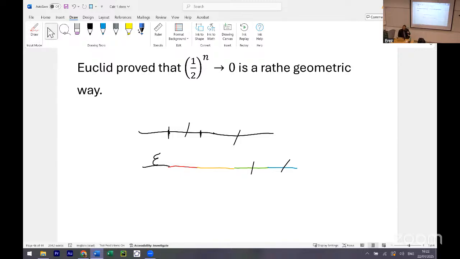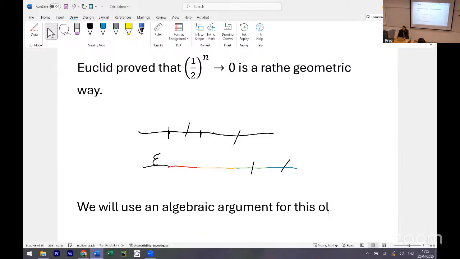It could be looked at as having some similar ideas, I think, but it doesn't look that way because it's very algebraic. We will use an algebraic argument for this old notion.